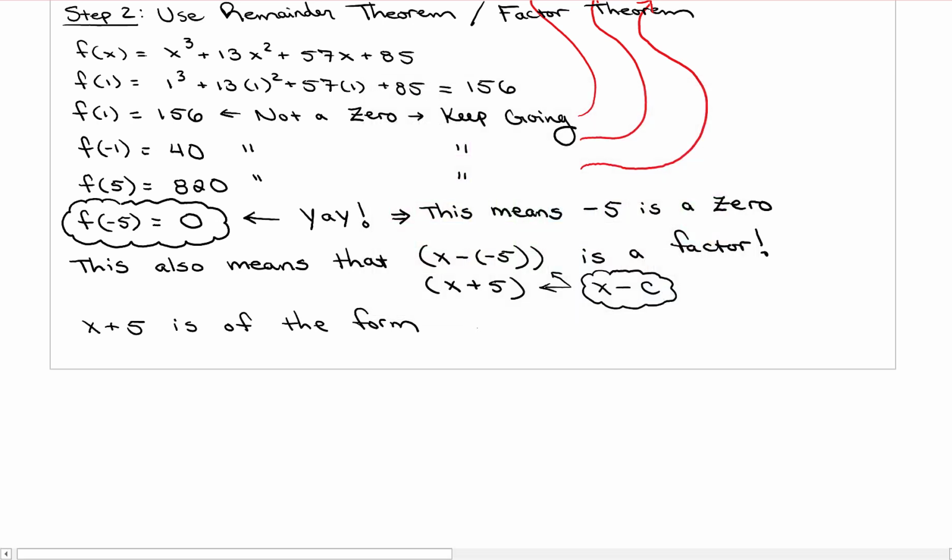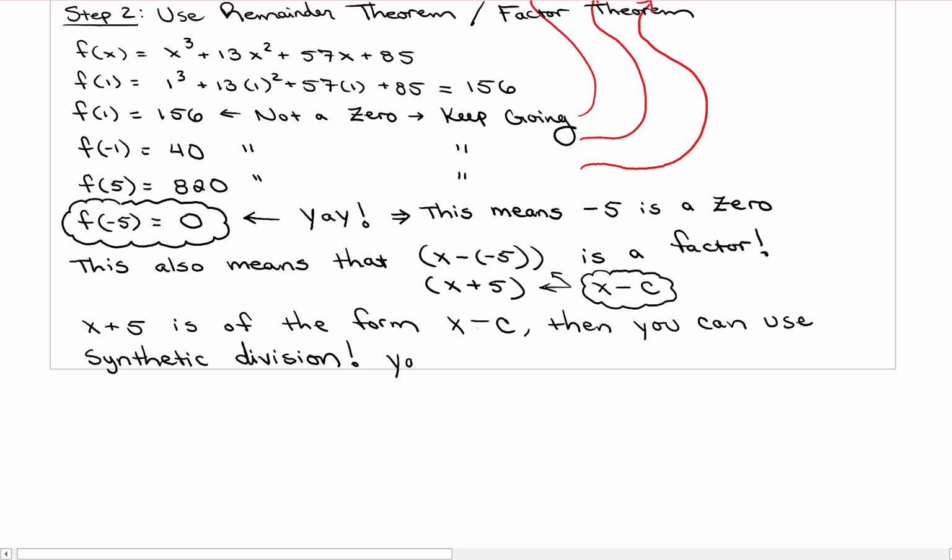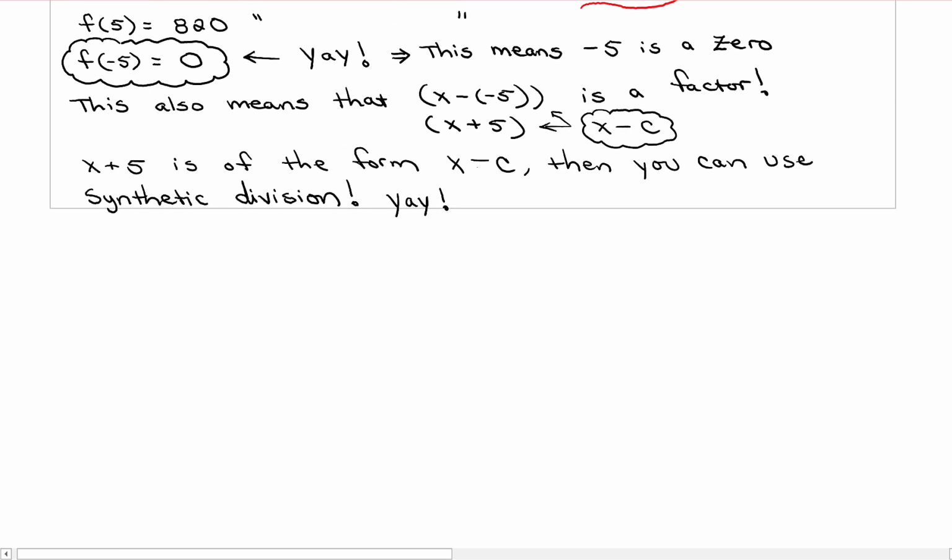And I already mentioned that you can write it as a subtraction, so that means you can use synthetic division. Remember, we said you can only use synthetic division if the factor is of the form x minus c.